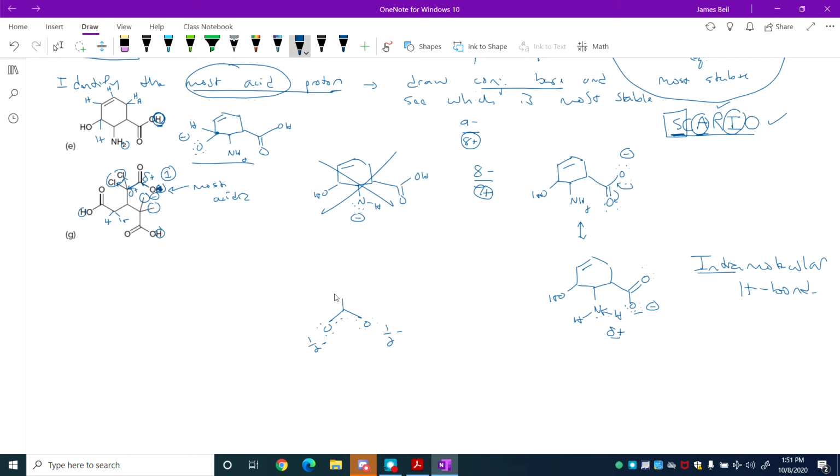Maybe there's this big structure here. If the rest of the structure is big and bulky, it makes it harder for the solvent molecules, whatever they are, if they have some permanent dipole or maybe even only a temporary dipole, they're going to have some ability to form opposite charges. And so the solvent will stabilize a charge by bringing in partial charge of the opposite type to form an attraction.